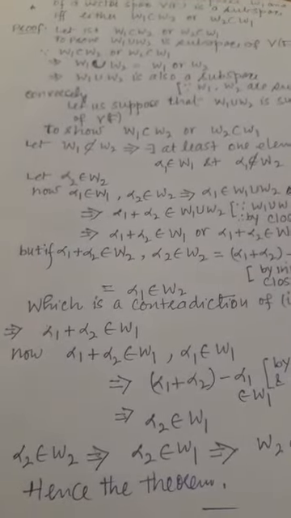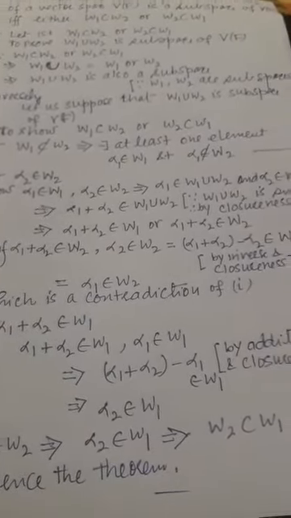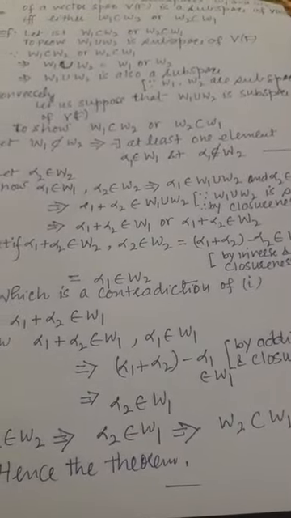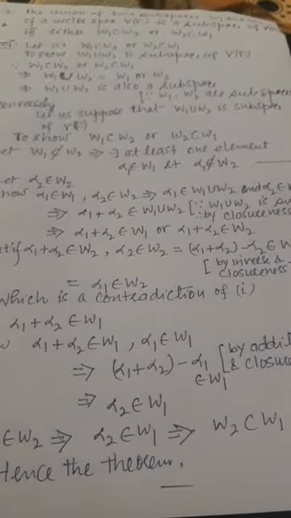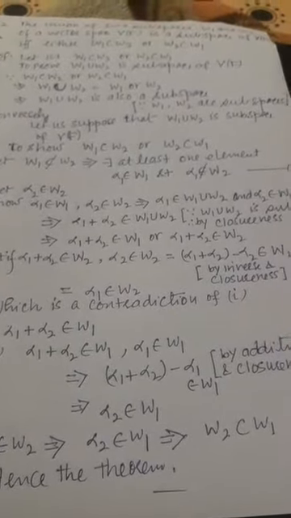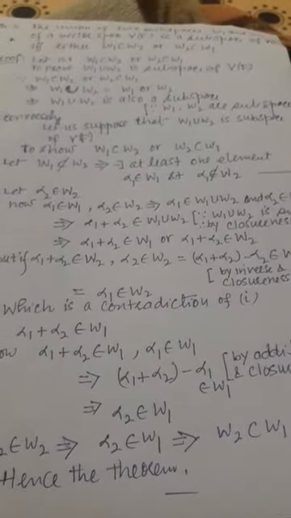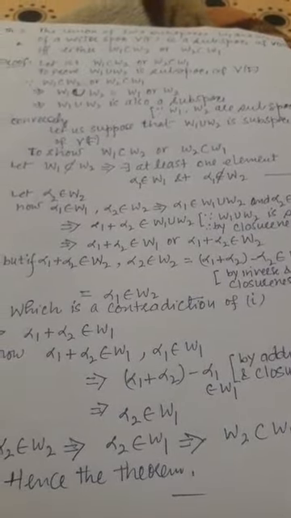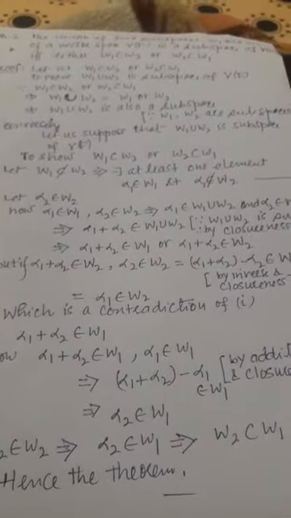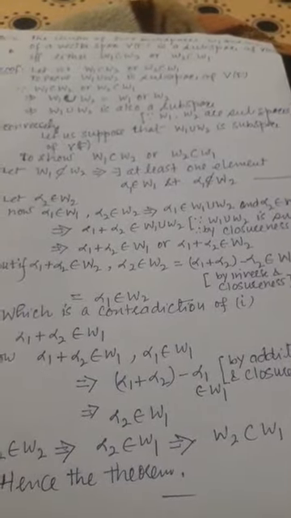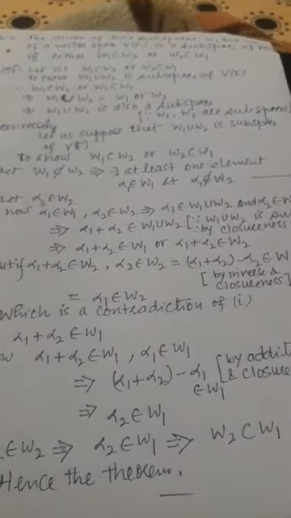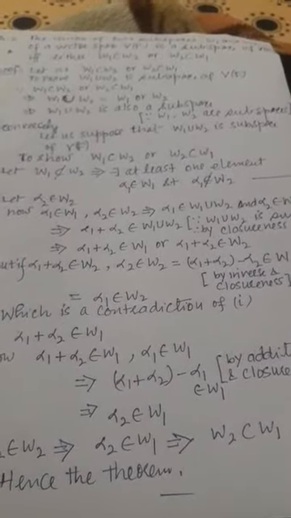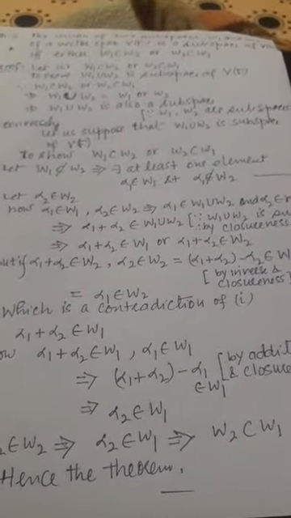Conversely, let us suppose that the union is a subspace of the vector space. Then we have to show that W1 is a subset of W2 or W2 is a subset of W1. So let us consider W1 is not a subset of W2. It means there exists at least one element alpha 1 belonging to W1 which is not in W2, by definition of subset.